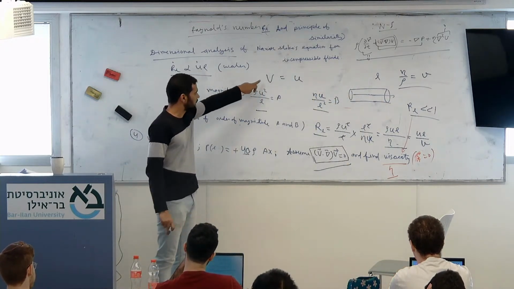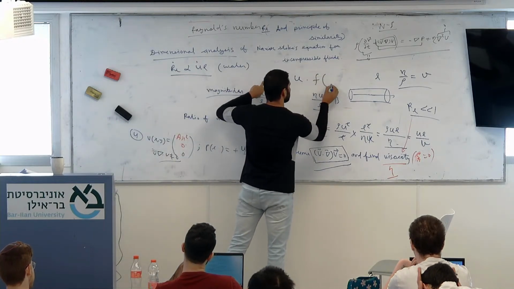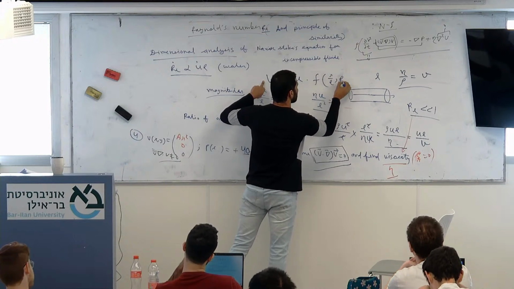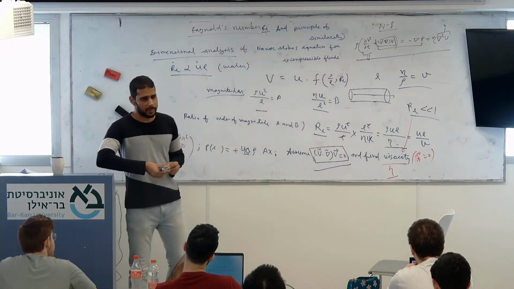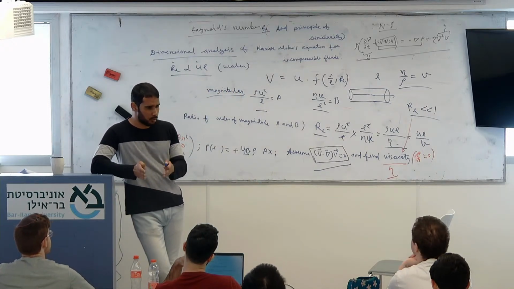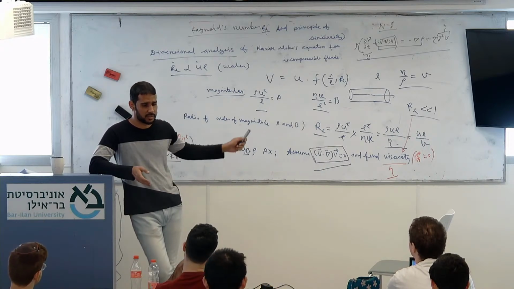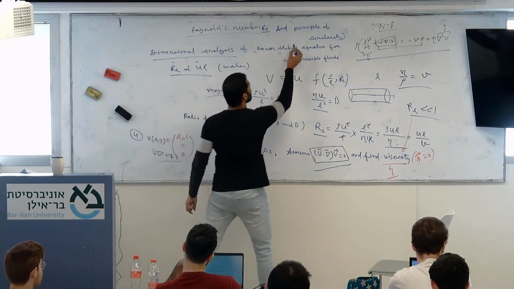The velocity is a function of the Reynolds number. So all the parameters, velocities, forces, they scale with the Reynolds number because it's a dimensionless parameter. This we call the principle of similarity.